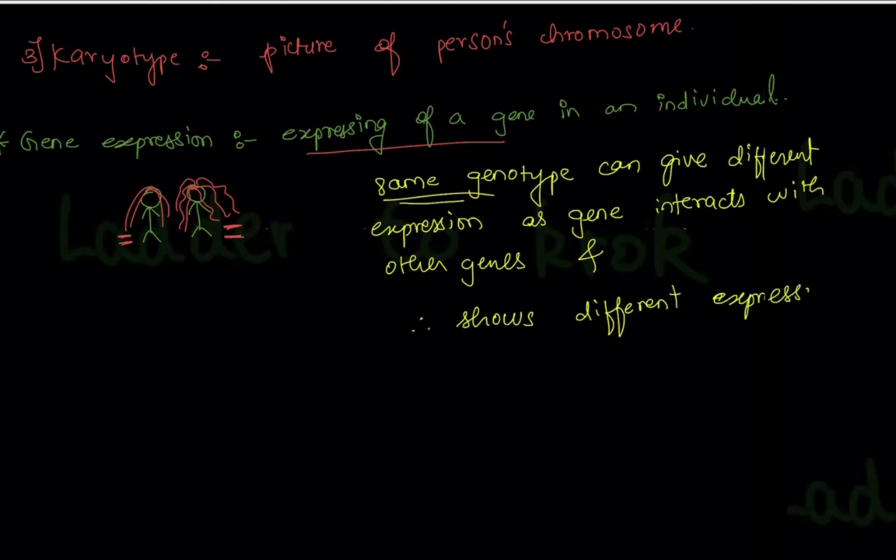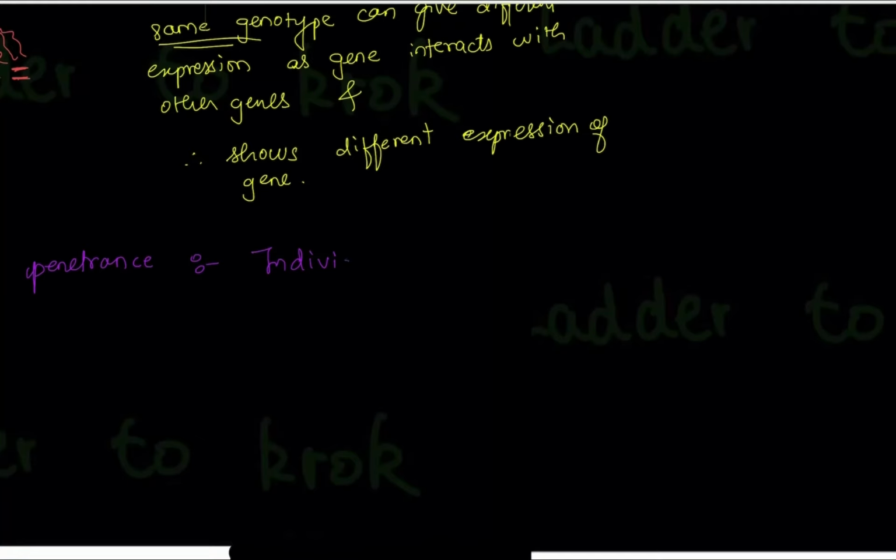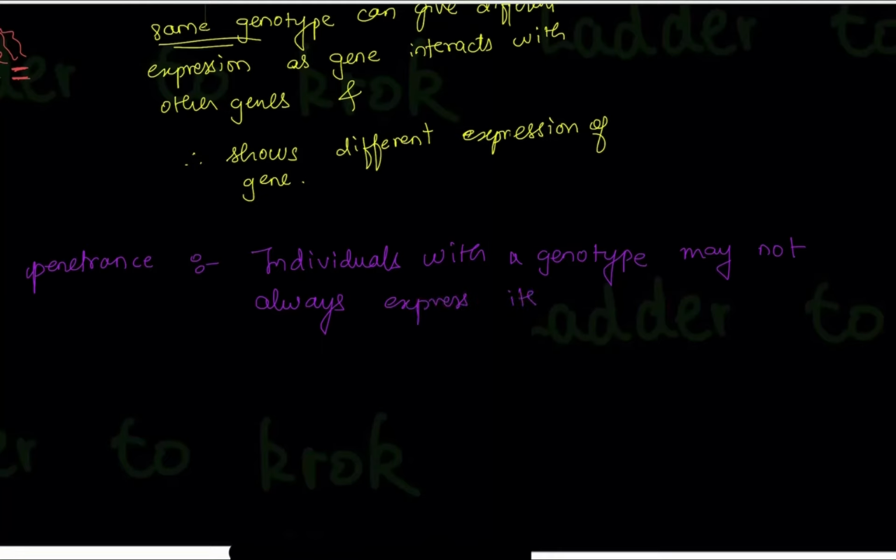Write an easy definition for this: individuals with a genotype may not always express its phenotype. For example, write down BRCA1 gene, which is for familial breast cancer.